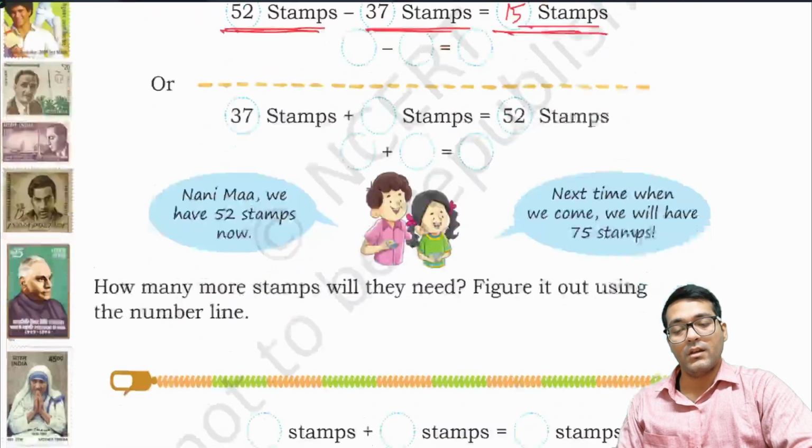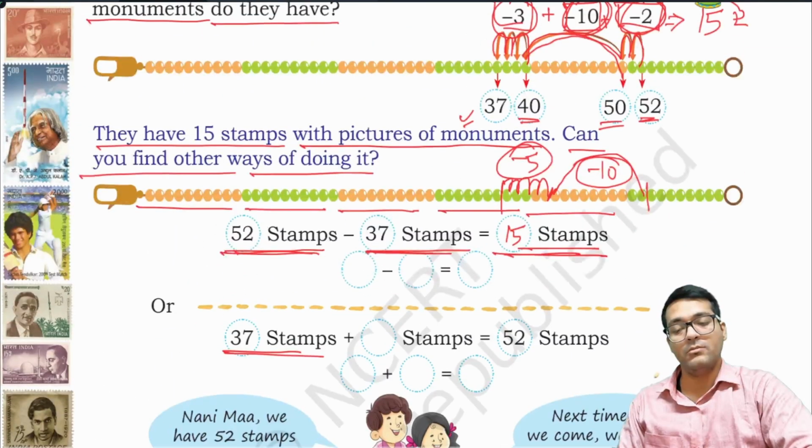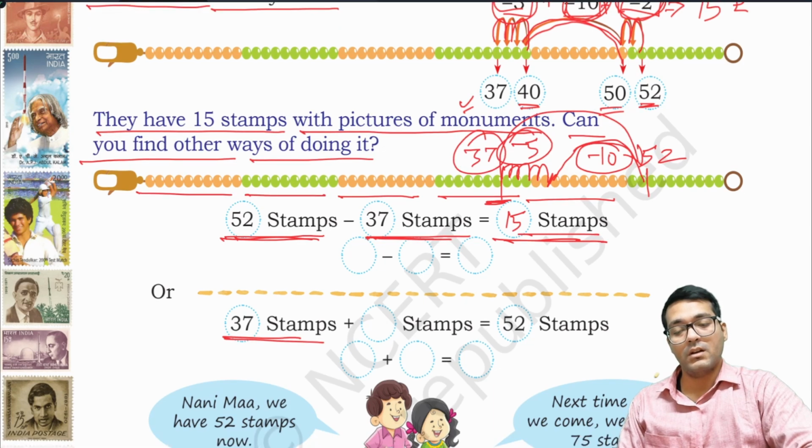Or you can add and check. If you move 15 from 37 in the forward direction, you will get 52. If you move from here to here in forward, 37 plus 15, you will get 52.